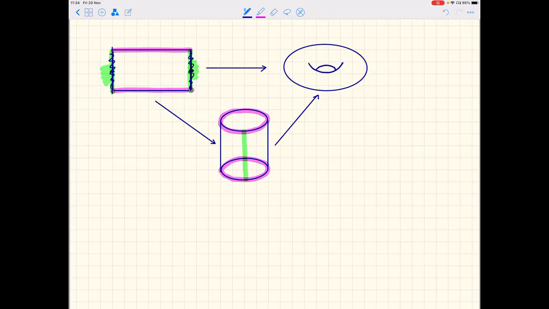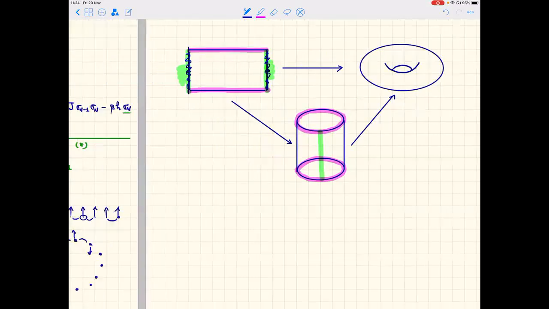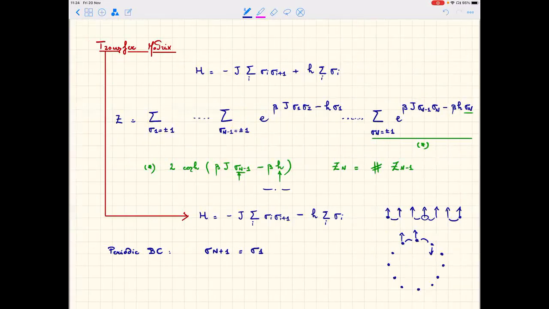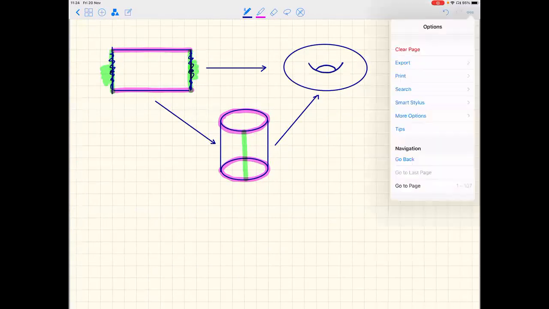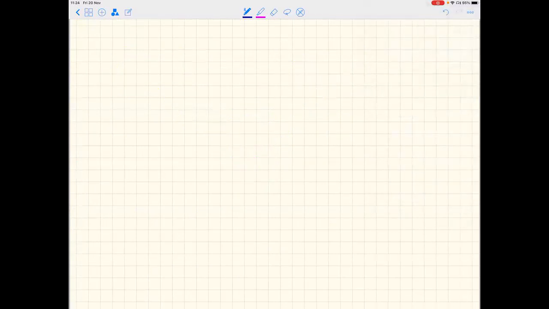All right, so now let us consider again the Ising model with periodic boundary conditions, and let us try to compute the partition function. So the partition function is going to be equal to the sum over sigma 1 equal to plus and minus 1 to the sum over sigma n equal to plus and minus 1.